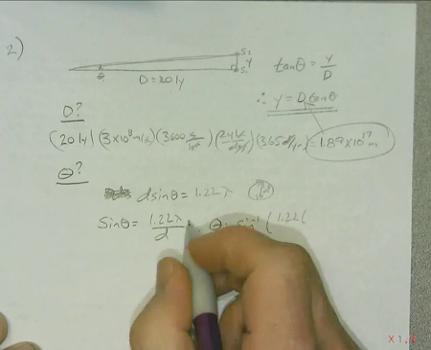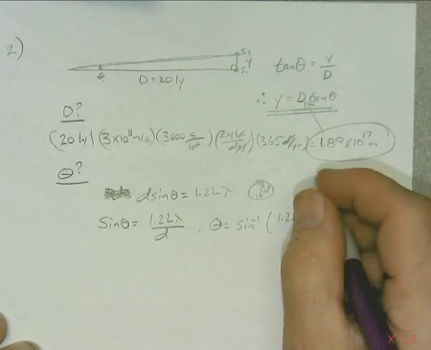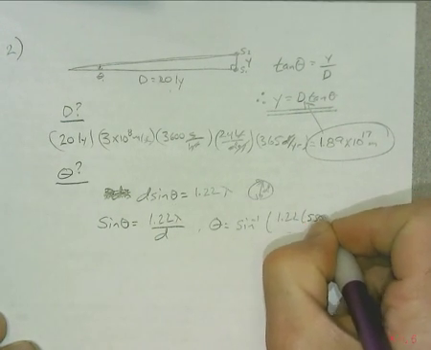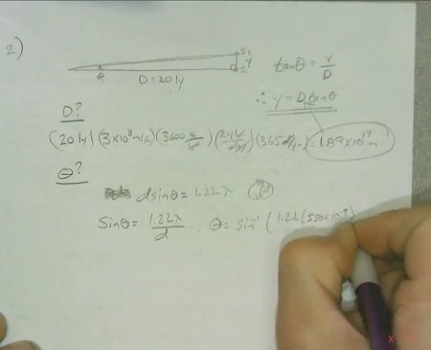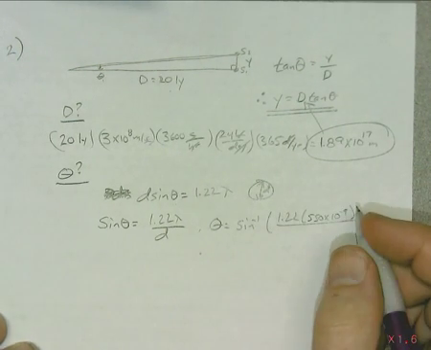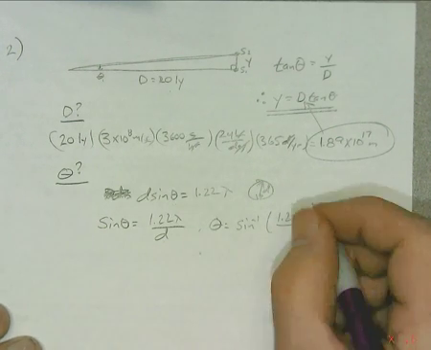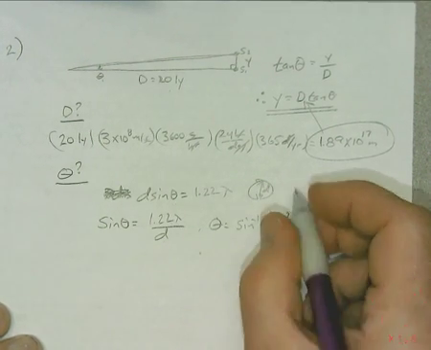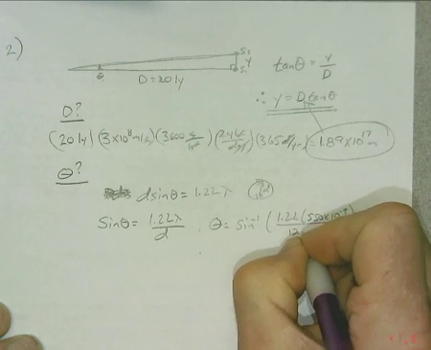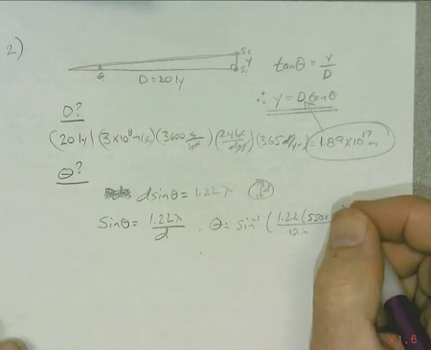1.22 times lambda. Now, lambda is 550 nanometers, so 550 times 10 to the negative 9, standard units in meters. The diameter is 12 inches.